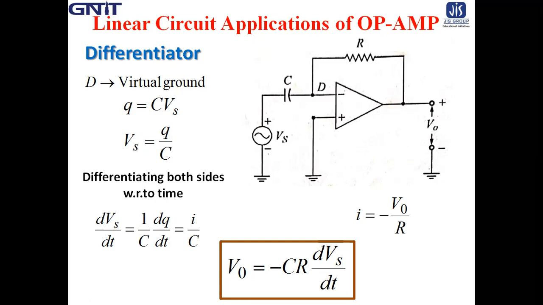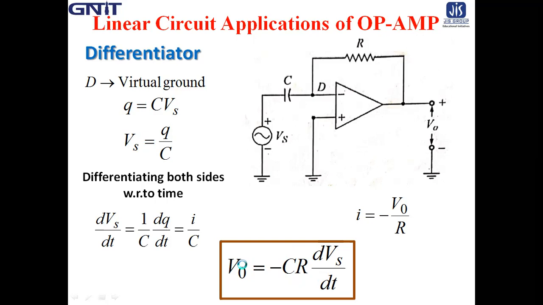The input impedance of the op-amp being infinity, the current I also flows through the resistor R. Therefore, I is equal to minus V0 by R. Putting this I value here, we get V0 equal to minus CR dVs by dt.